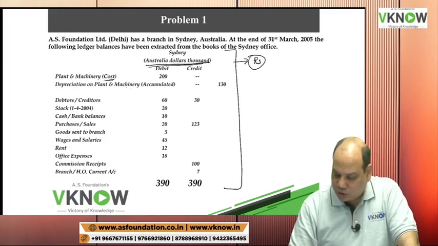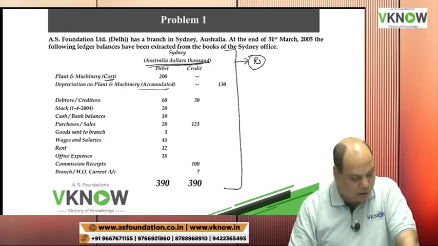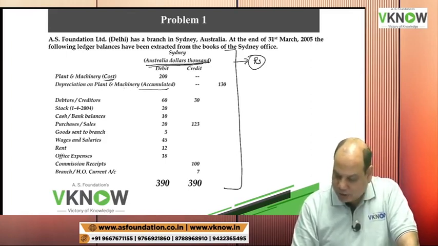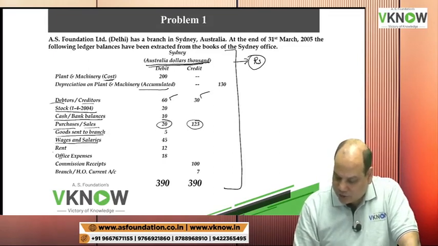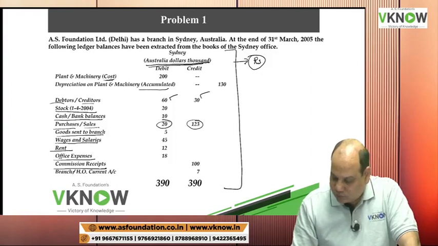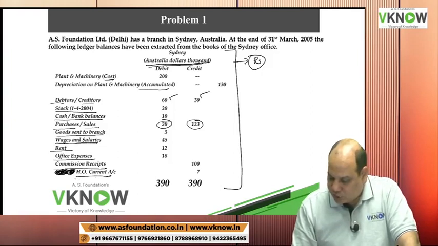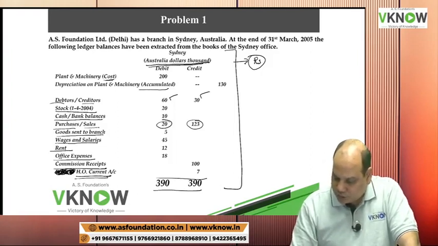Plant and machinery cost, depreciation on plant and machinery, debtor, creditor (debit balance is debtor, credit is creditor), opening stock, cash bank, purchase, sale, goods sent to branch, wages and salary, rent, office expense, commission receipt, and balance payable to HO, the amount payable to head office, and this is the total.